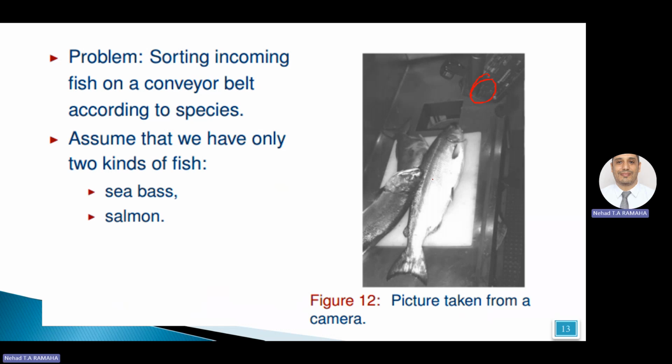Then the system will have images for the fish and have to take a decision to send it to the left side, for example, to be put in the sea bass box, or to the right to put it inside the box for salmon. Okay, how to do this? Anyone have an idea?